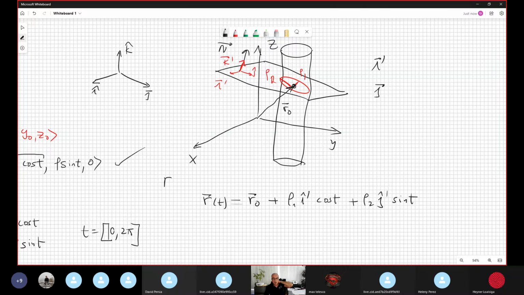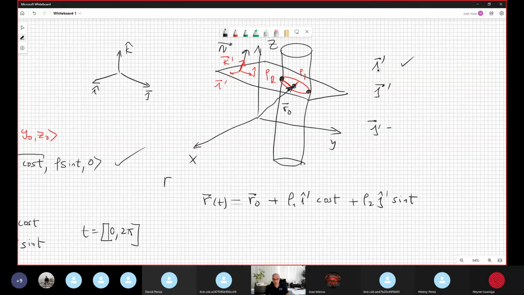Suppose that you determine two points on the helix, this and this, or this and this, much better in that direction. Then this is parallel to the x-axis. When you have two points in that direction, you determine the vector between them, and using the formula we found the unit vector in that direction. This is I prime.